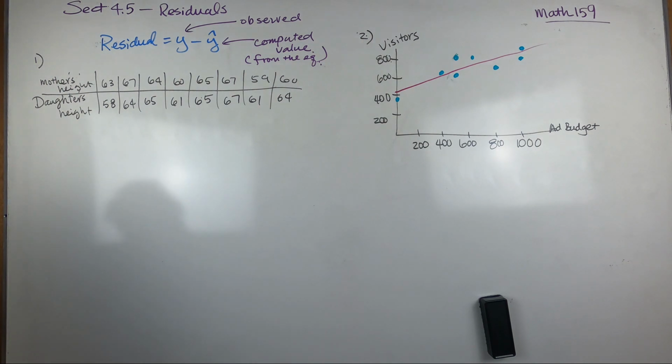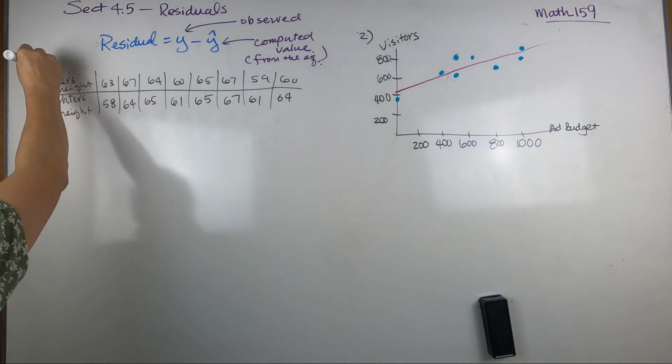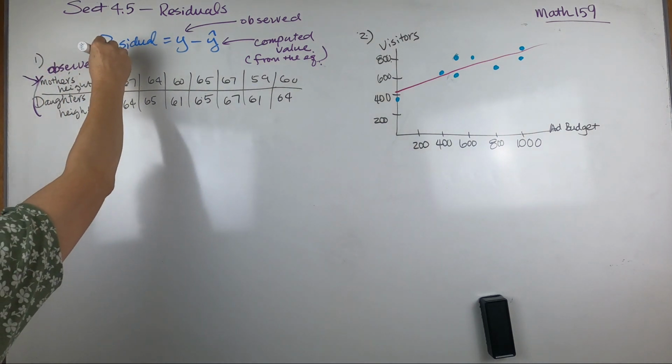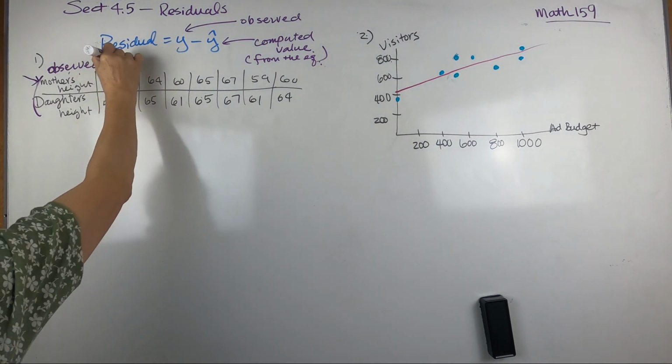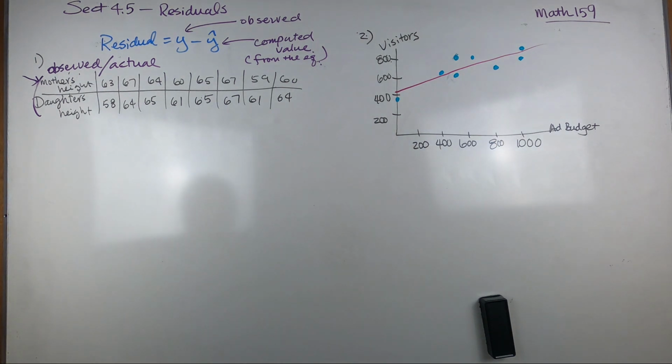They actually asked people about it, so all of these are observed values, actual values. They asked people, and that's what it is.